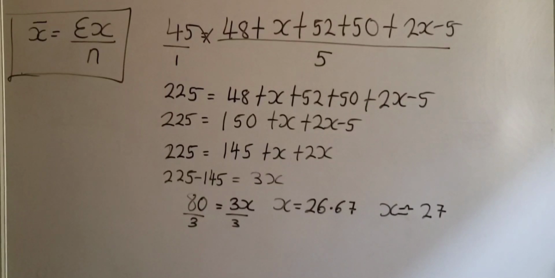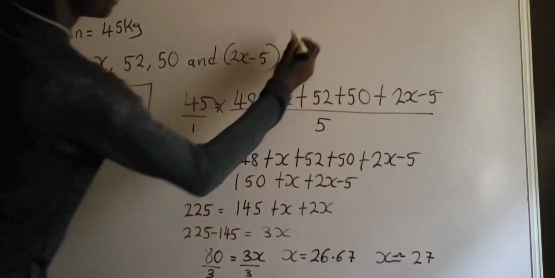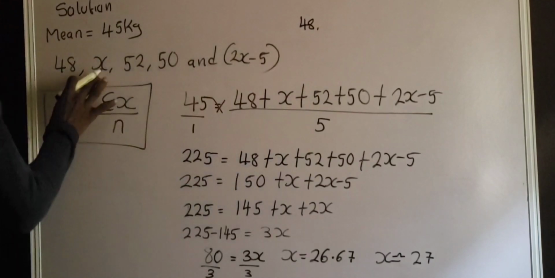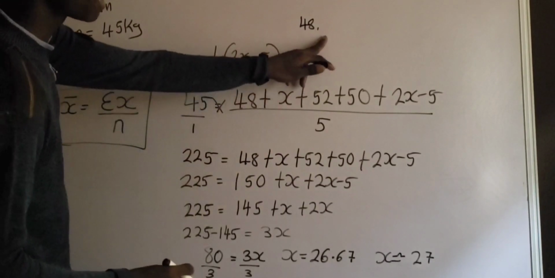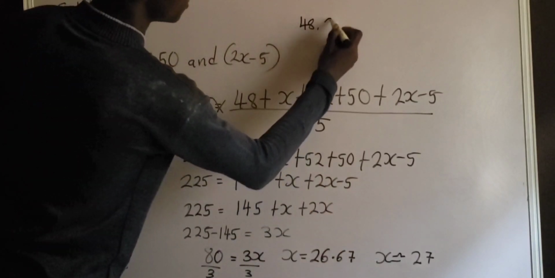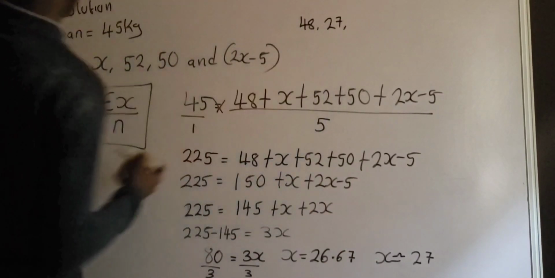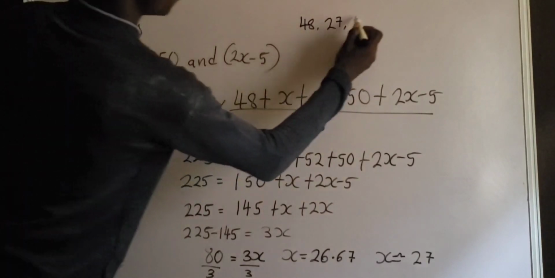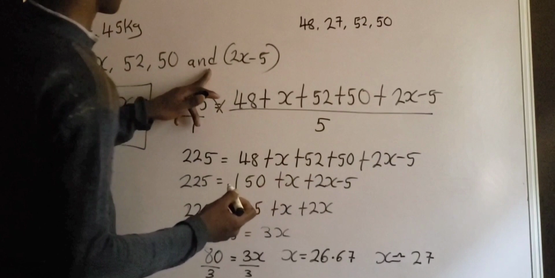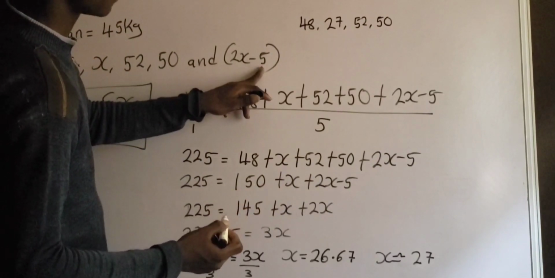We are given that the weights of the 5 girls are 48. Let me rewrite it. We have 48, x, so instead of writing x, I'm going to write 27. So we have 27, then we have 52, then 50, then we have 2x minus 5.